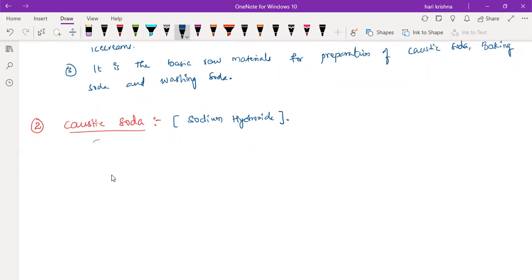So how will we prepare sodium hydroxide? First, what is the meaning of brine solution? Highly concentrated water solution with common salt.